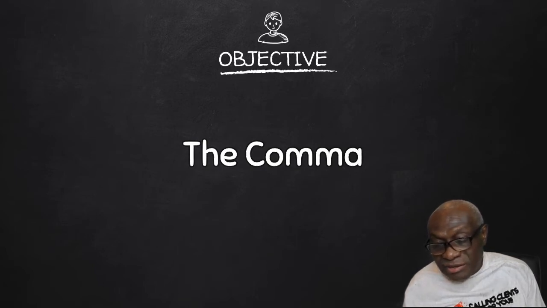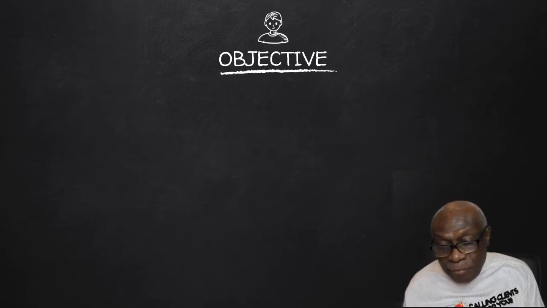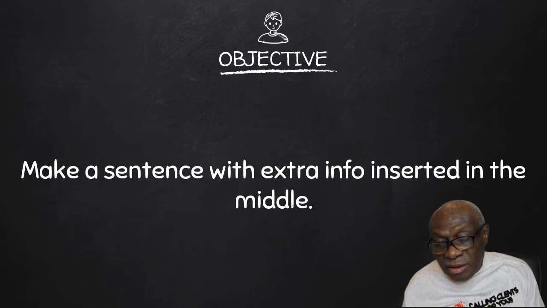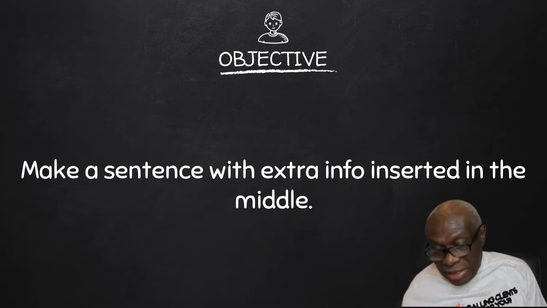So, for today's objective, we have this. By the end of the lesson, you should be able to make a sentence which has extra information inserted in the middle of the sentence.